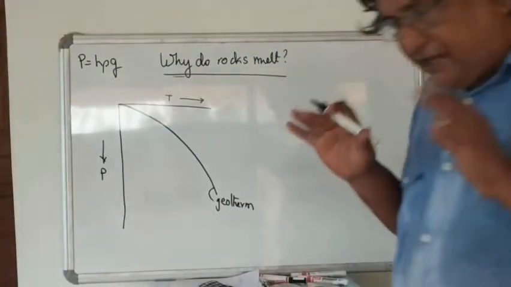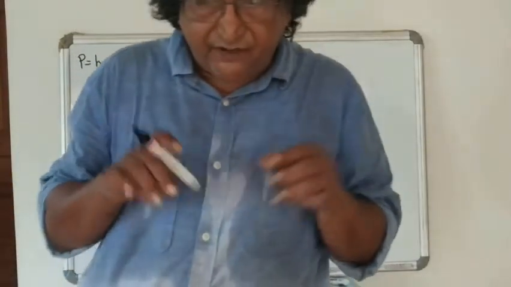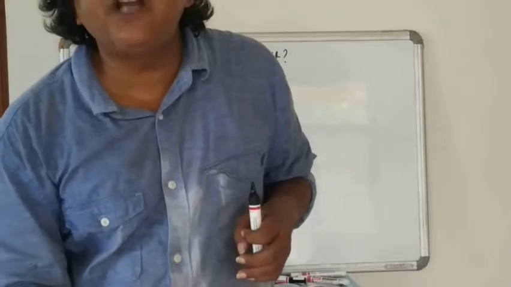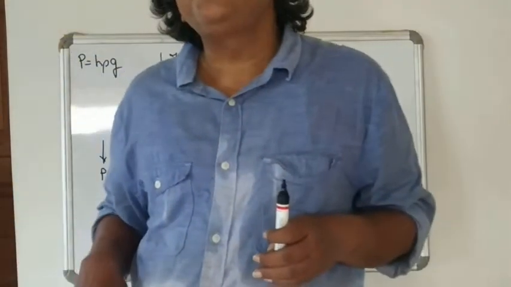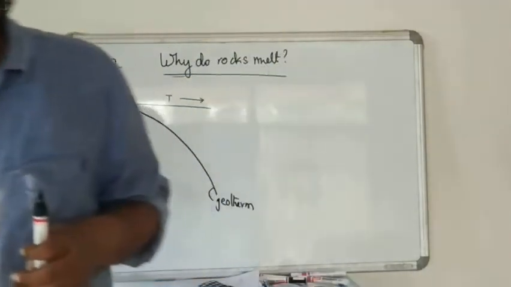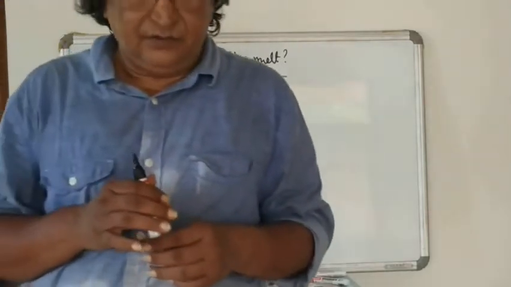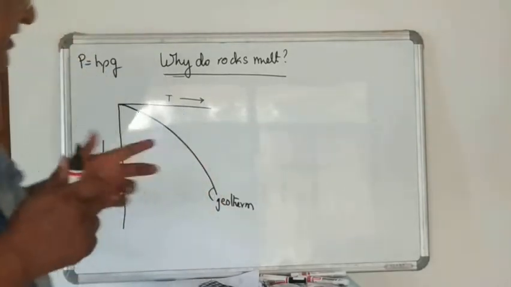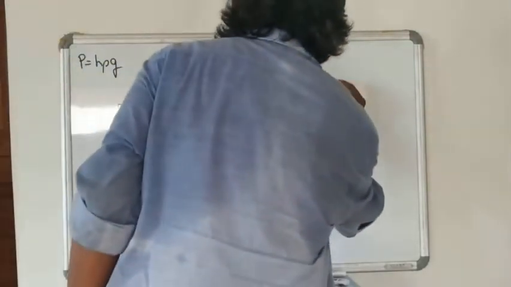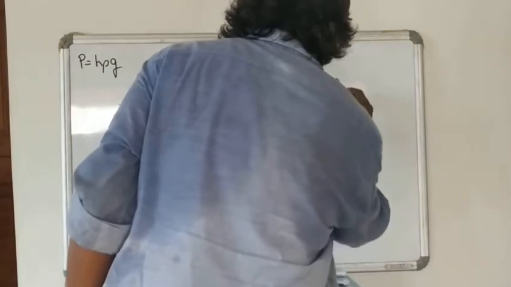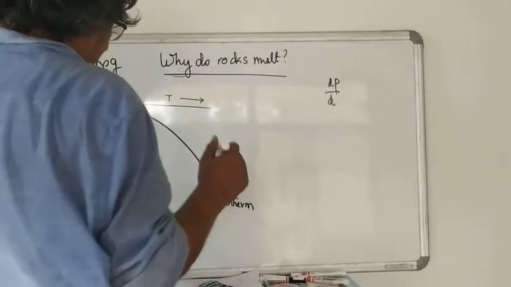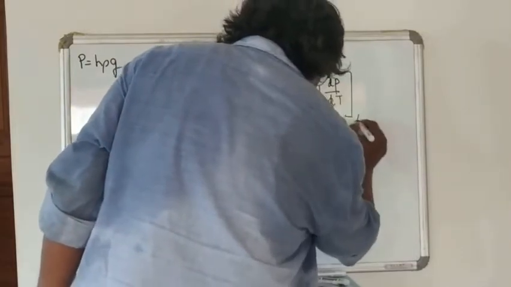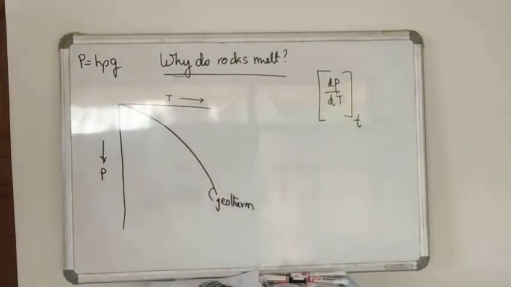Now, as you start from the Earth's surface and drill a hole, as you go deeper down, the temperature increases. Now, this increase of temperature is non-linear. So, essentially, what we are doing is dP by dT at constant T. That is what a geotherm is.